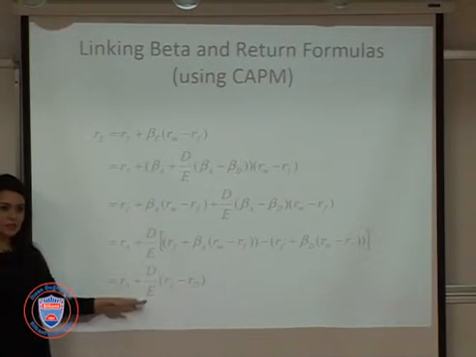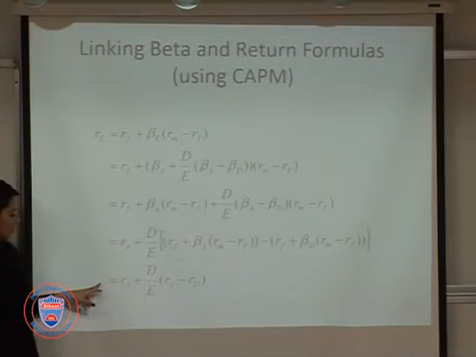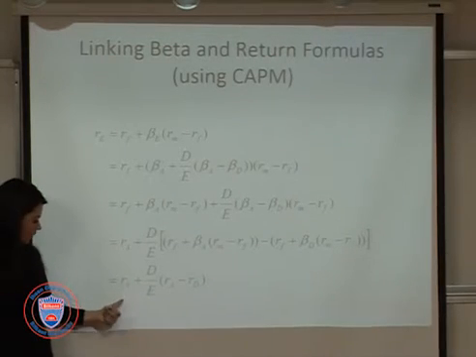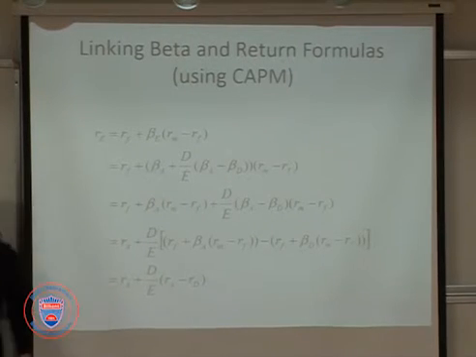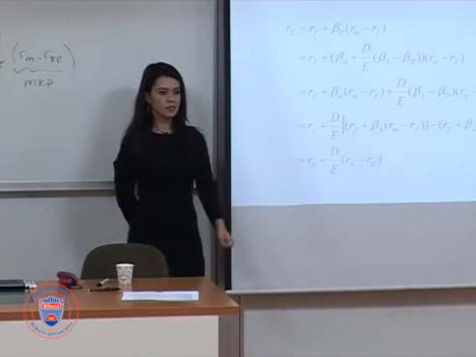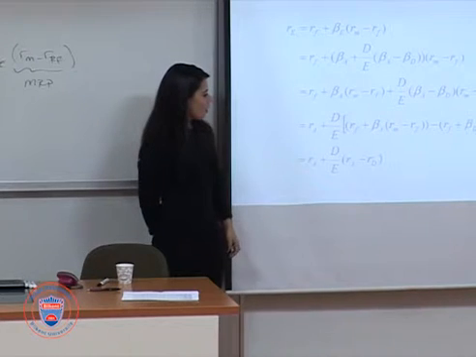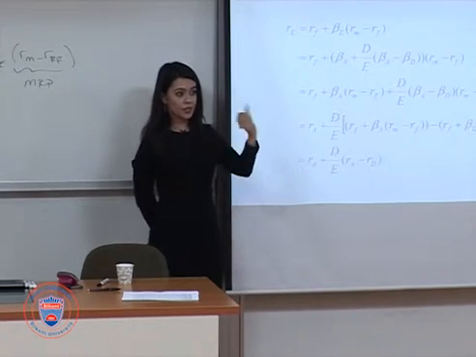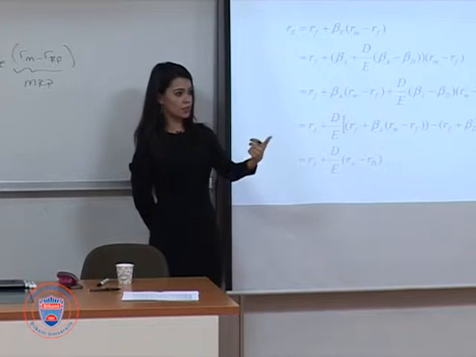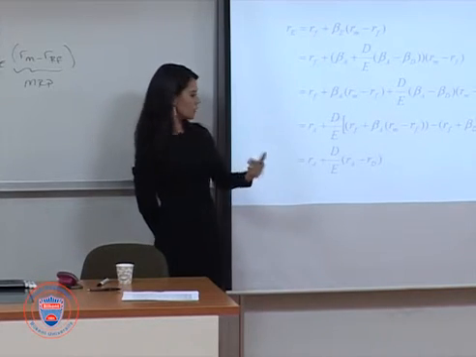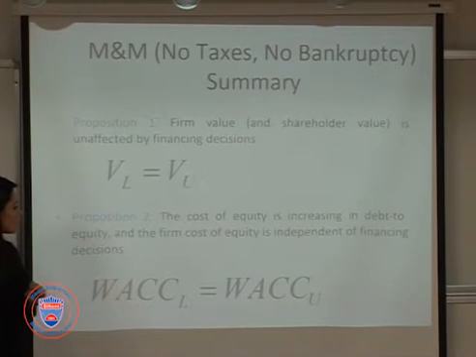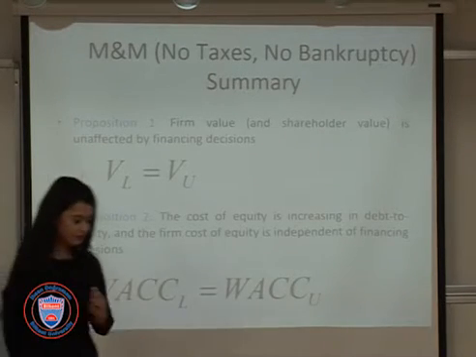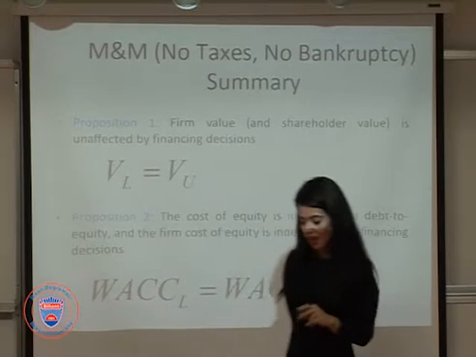And this is something we saw earlier. So cost of equity, return on equity, is return on assets plus some financial risk we add. Due to the increased beta, because of the debt to equity ratio increase, we see an increase in return on equity. So this is what we just saw.